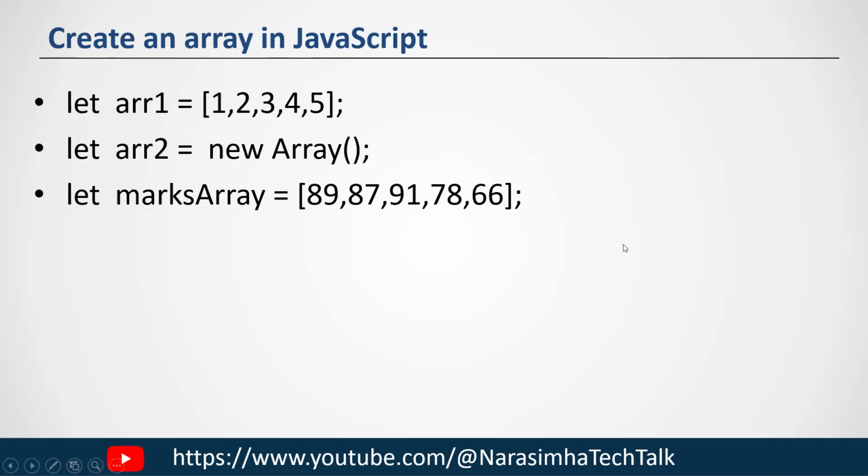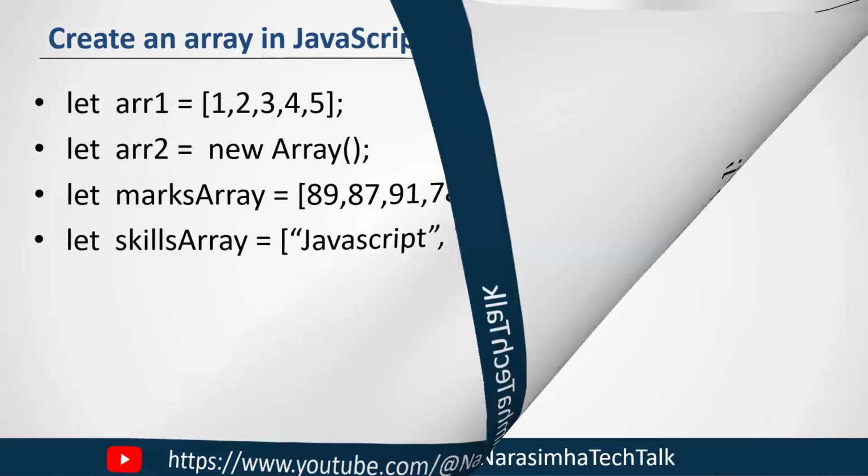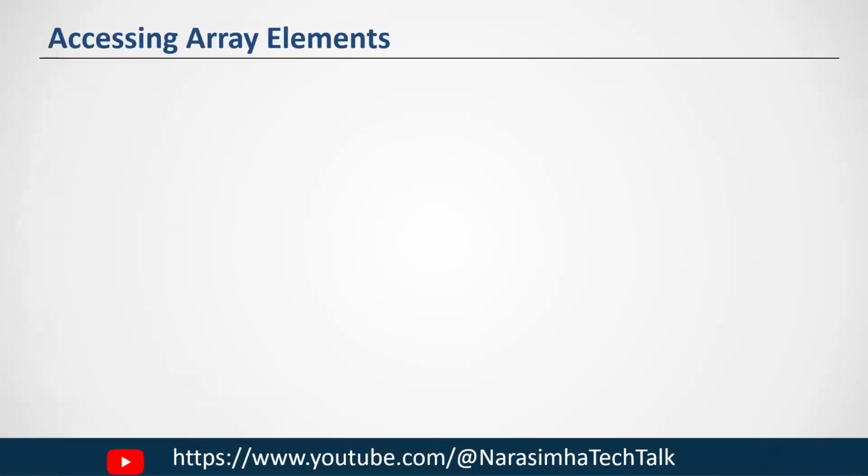Next, let us see one more example, a string array. Here I have taken a skills array, which has different kinds of skills like JavaScript, Angular, React. This is how string elements are stored as an array.